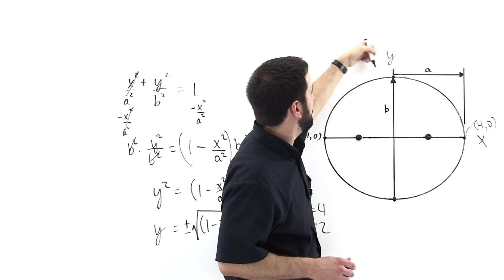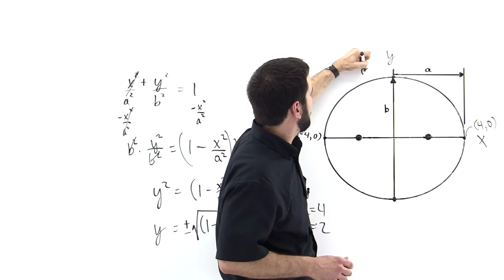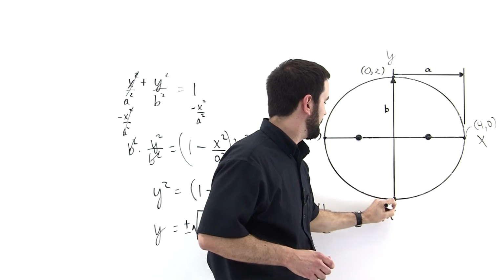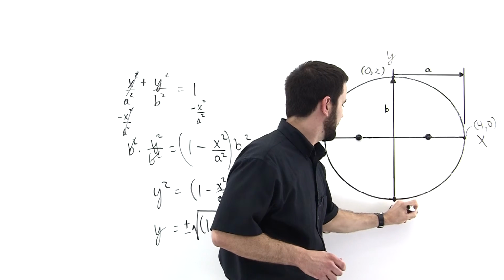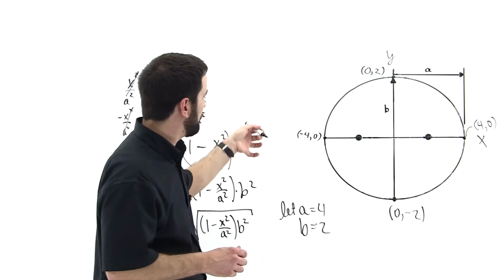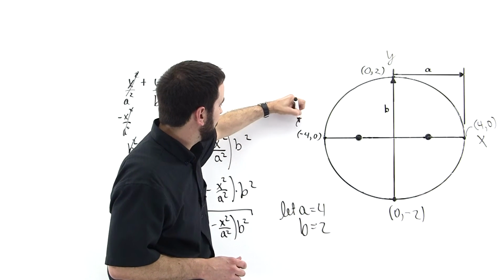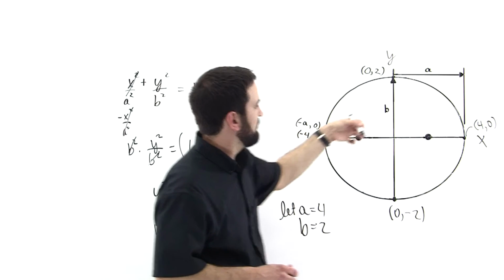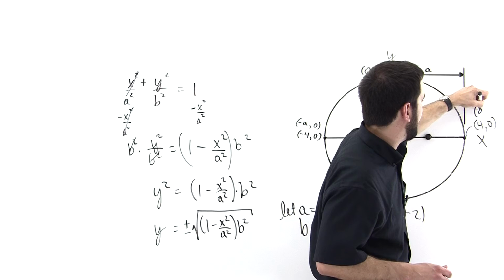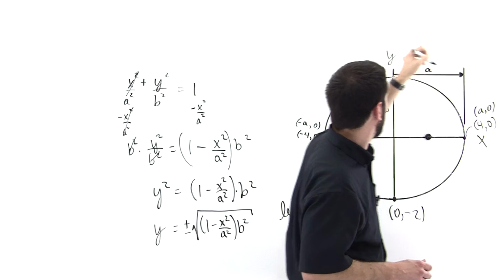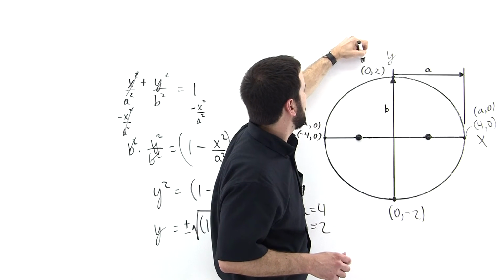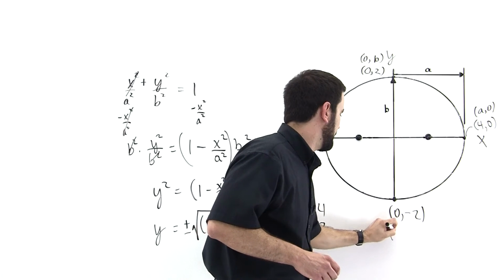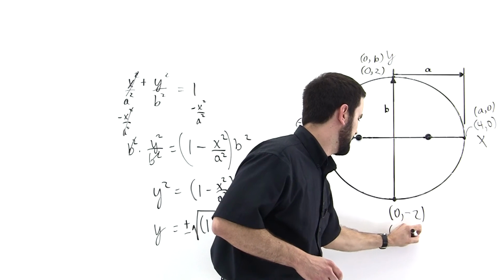This point right here will be 0, 2. And this point right here will be 0, negative 2. And in general, this will be negative a, comma, 0. This will be positive a, comma, 0. This will be 0, comma, positive b. And this will be 0, comma, negative b.